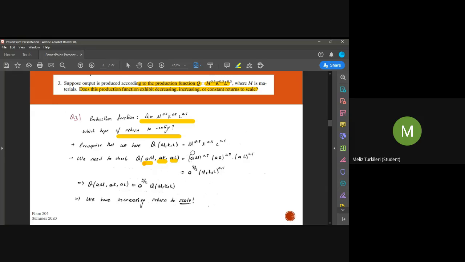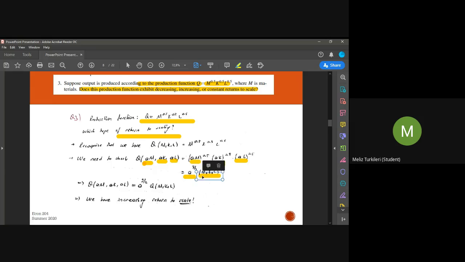If you use A times M, A times K and A times L as inputs, and plug these inputs into the production function, you can find out that our output level should be equal to A to the power of 3 divided by 2 multiplied by (MKL) to the power of 0.5.